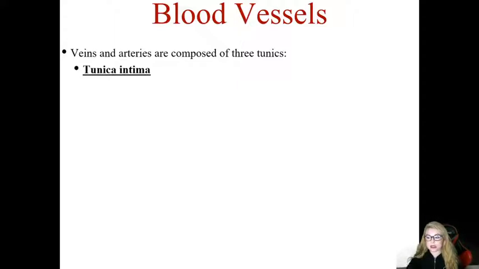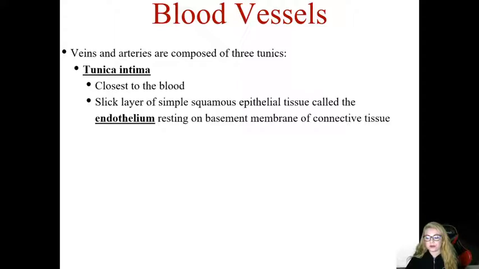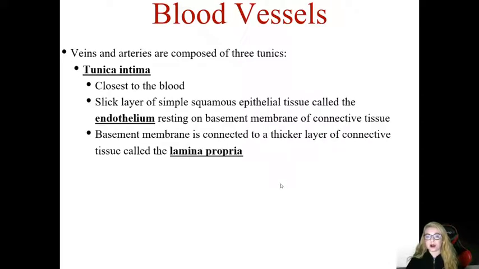This is the innermost layer, and it's a slick layer of simple squamous epithelial tissue called the endothelium. It's resting on a basement membrane of connective tissue. And remember, the basement membrane is connected to a thicker layer of tissue underneath, and that thicker layer in this case is called the lamina propria.